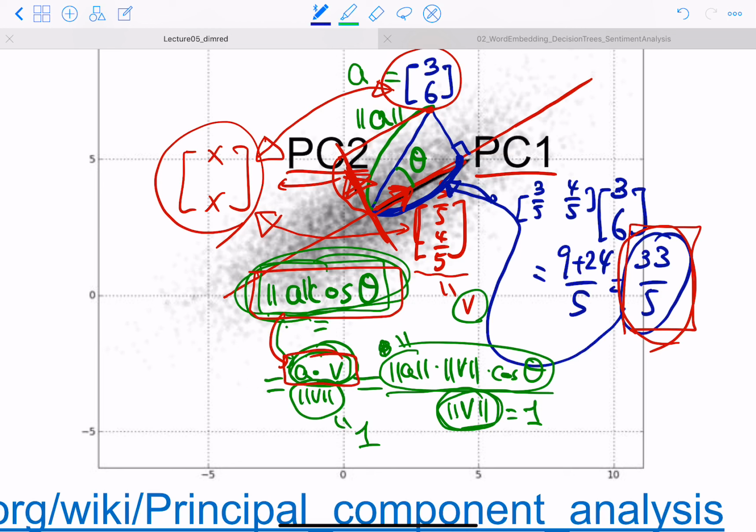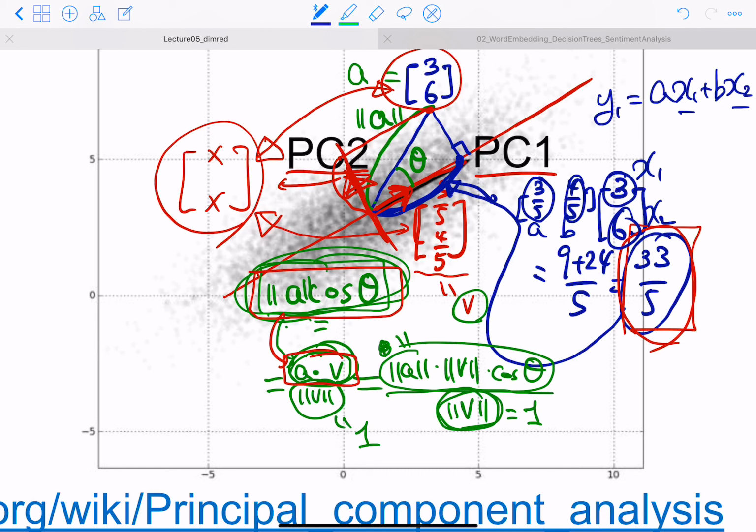But here, why is it a linear dimension reduction method? Let's say this one is A and this one is B, and these are x1 and x2, for example. The first reduced dimension is represented as a x1 plus b x2, the linear combination of the original input features x1 and x2.